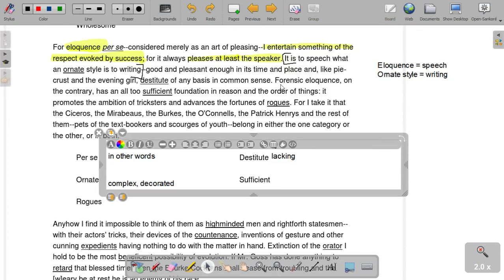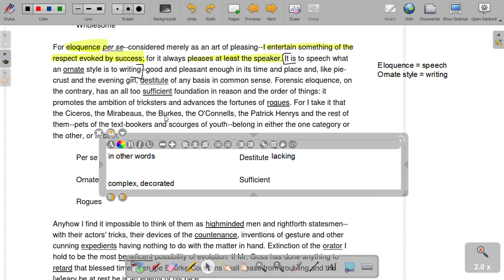Then he goes on and he says, forensic eloquence, on the contrary, has an all too sufficient foundation in reason and the order of things. So what do you think sufficient means? If an ornate style and eloquence is destitute of any basis in common sense, in other words, there's no reason for it, and then he says, on the contrary, forensic eloquence has sufficient foundation in reason.